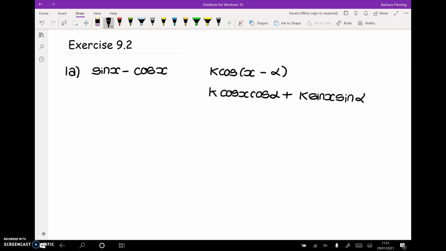Now we've got two expressions, and we want to equate things that match. Looking initially, we've got sin x here, and sin x is over here.